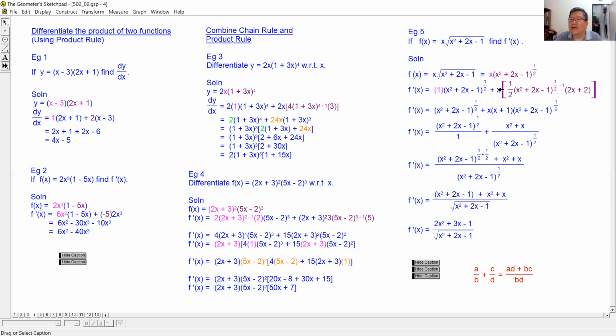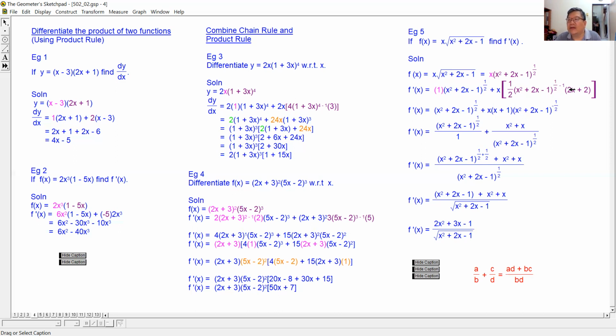Then you keep the first function and differentiate the second function. You bring down the half, and half minus 1 is actually negative half.